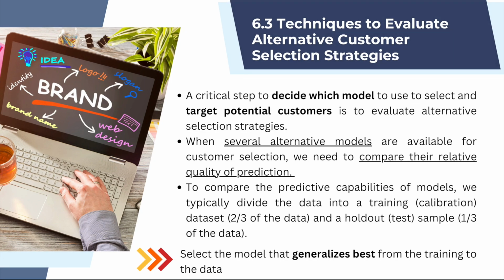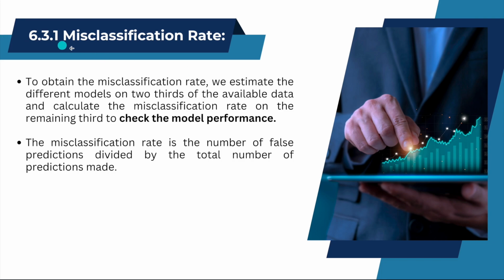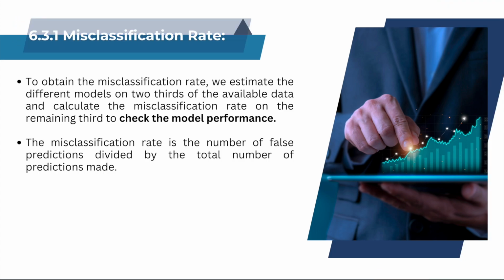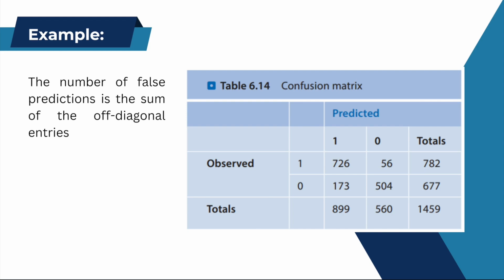There are two ways to evaluate the model's performance. Firstly, we have the misclassification rate. To obtain the misclassification rate, we estimate the different models on 2/3 of the available data and calculate the misclassification rate on the remaining third to check the model performance. The misclassification rate is the number of false predictions divided by the total number of predictions made. A misclassification error rate or confusion matrix could look like table 6.14.